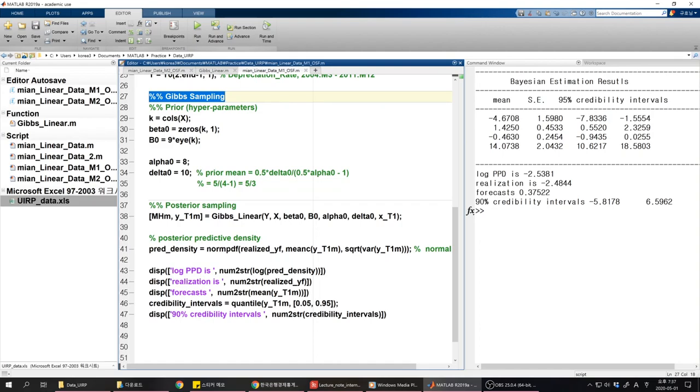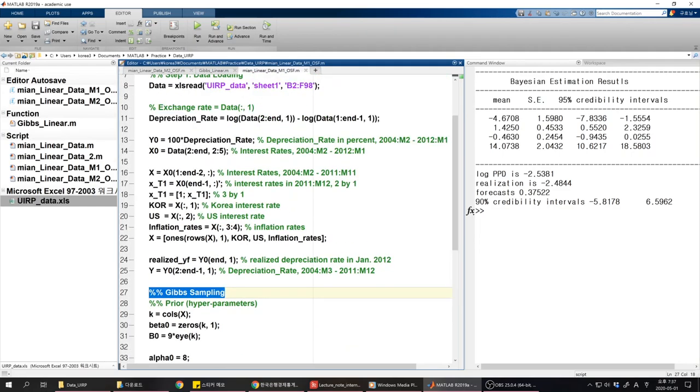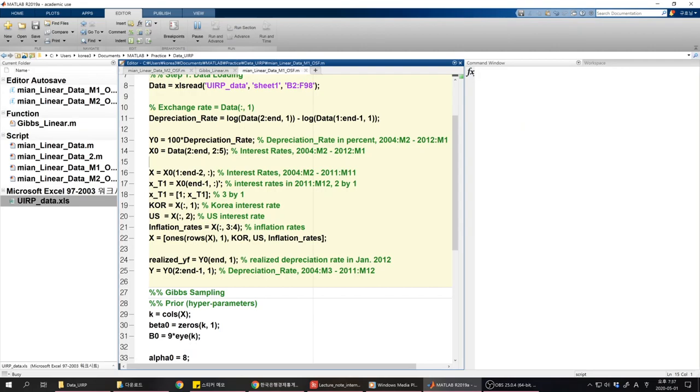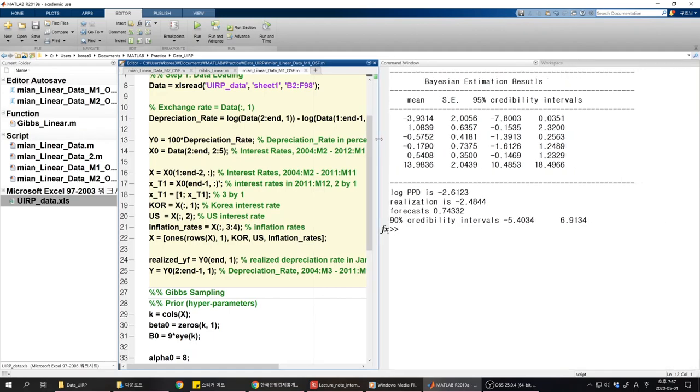So then let me run this. I hope it runs well. So far so good. Yeah, it runs well. Let's see the results.